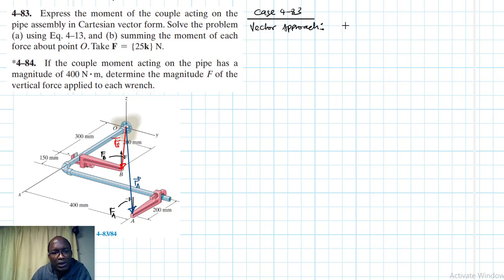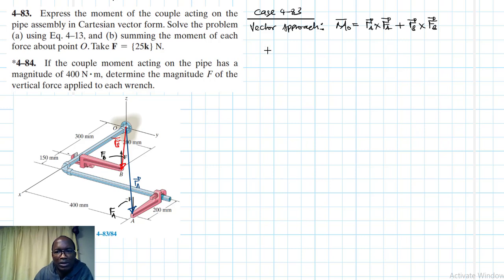So we know that a moment about O will be equal to RA cross FA, plus RB cross FB.